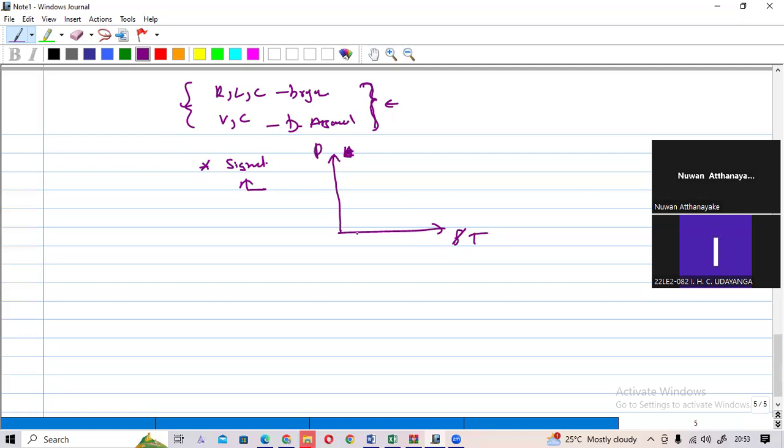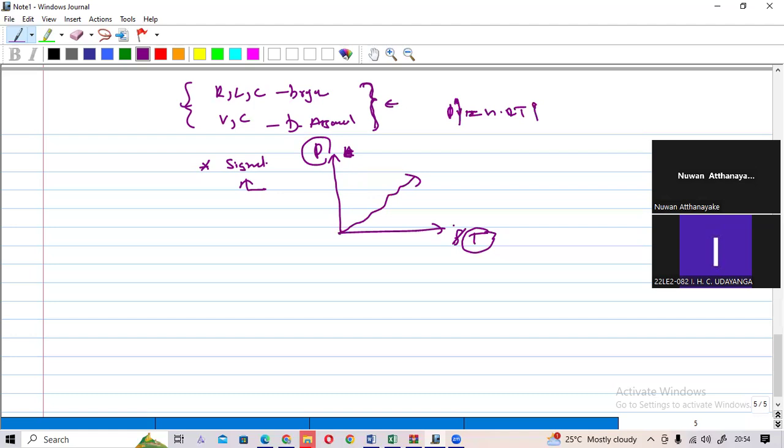When the temperature is increasing, maybe the pressure is increasing. That is happening in air, PV equals nRT. When the temperature is high, the pressure will be high. This temperature is one parameter, this P is another parameter. That is a signal.